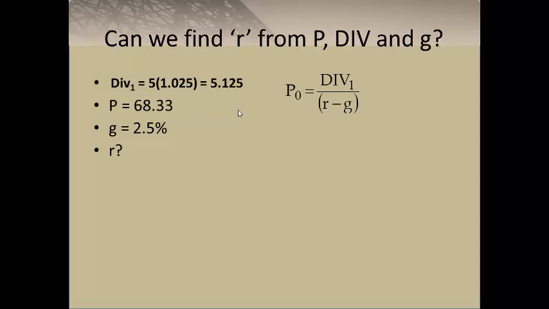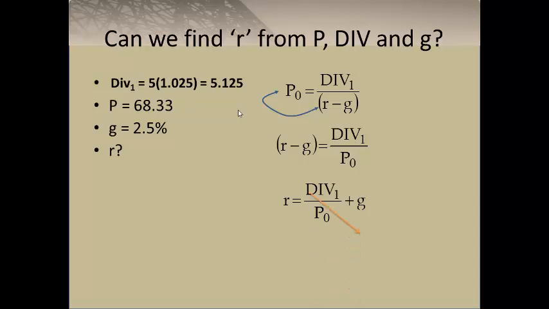And our target is to find that R sitting in the denominator. Since we know the price and don't know R, we interchange these two parameters. So we have R minus g equals Div1 divided by P0. We take the g to the other side to make it R equals Div1 by P0 plus g. Now we're all set, because we know Div1, we know P0, and we know g.